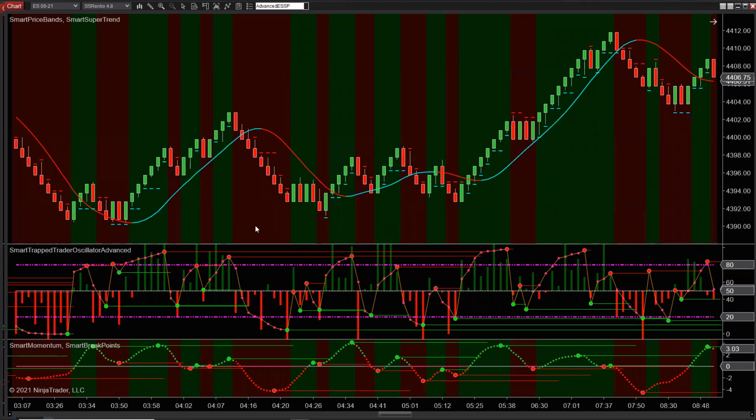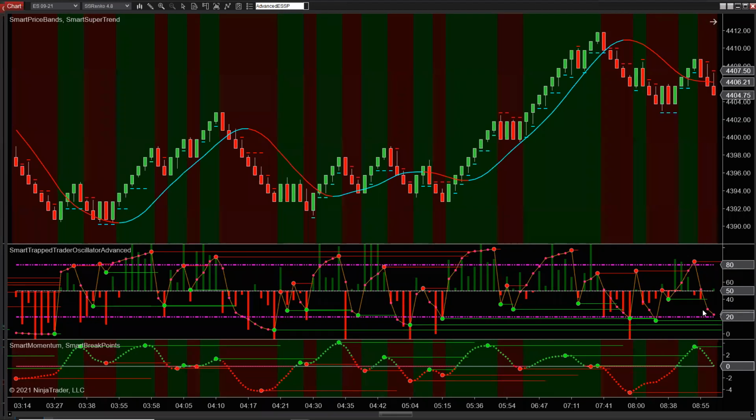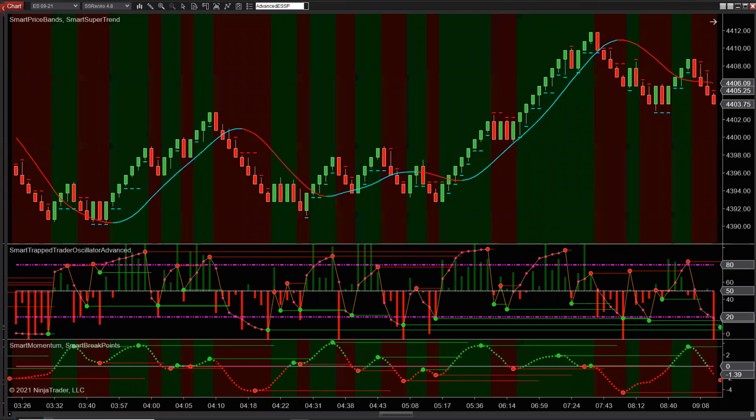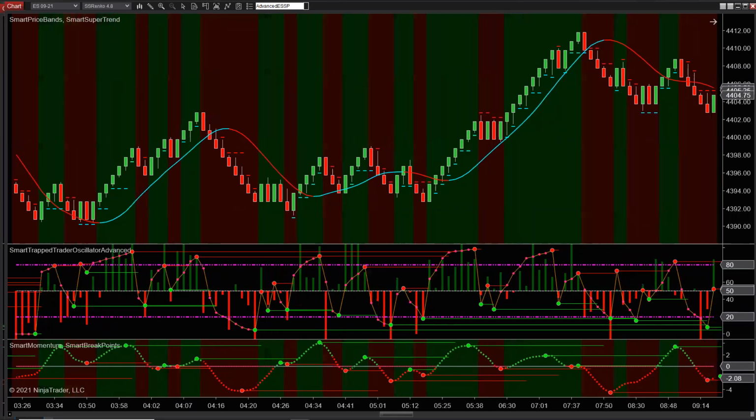So what we're going to look for as we let Trap Trader Oscillator tell us order flow is simply this. We want Trap Trader Oscillator to exceed the midpoint line. Then we want it to reverse back.